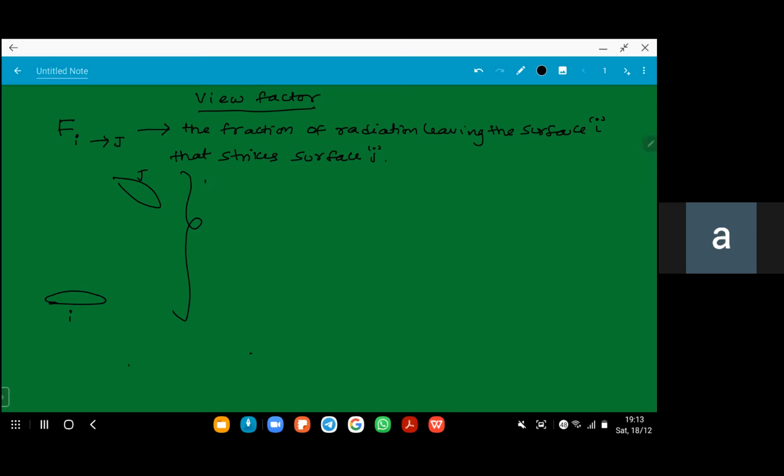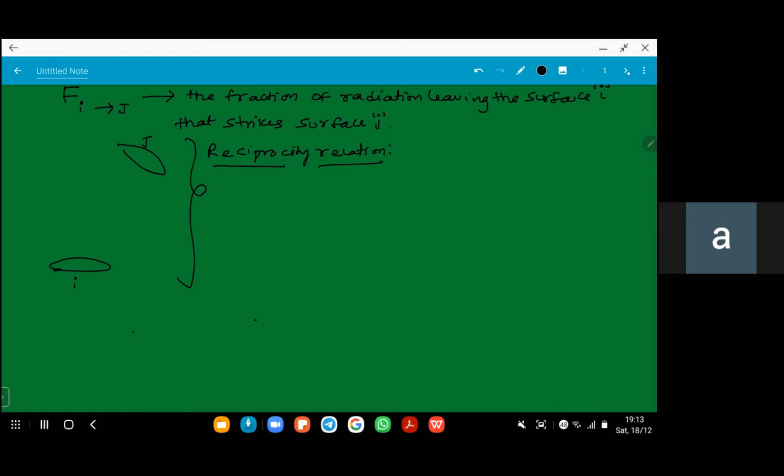One is the reciprocity relation. In this reciprocity relation, suppose this is area 1, surface 1, and this is area 2, surface 2.